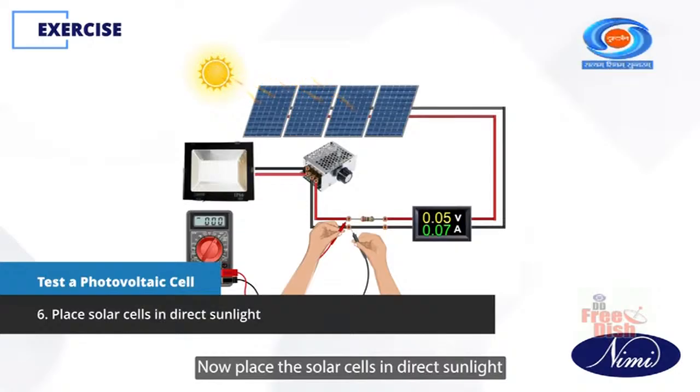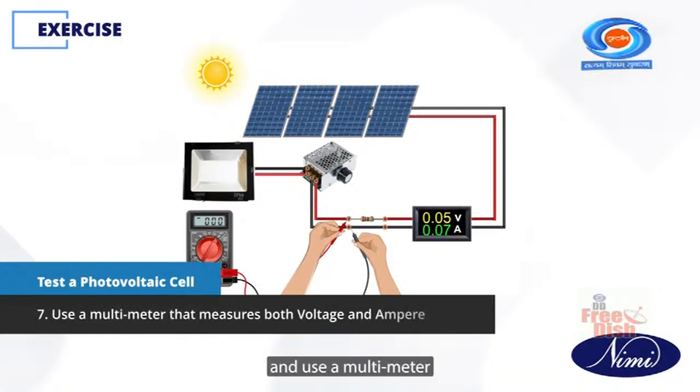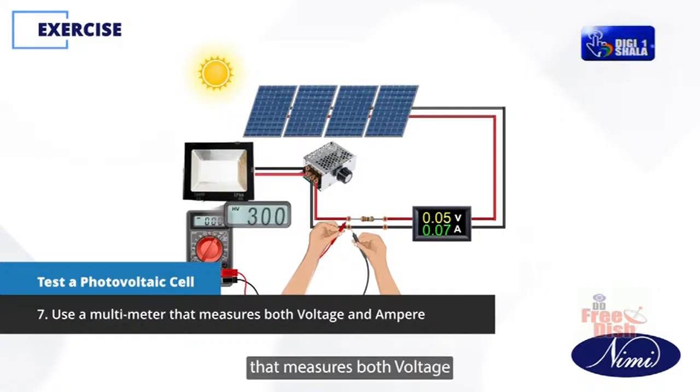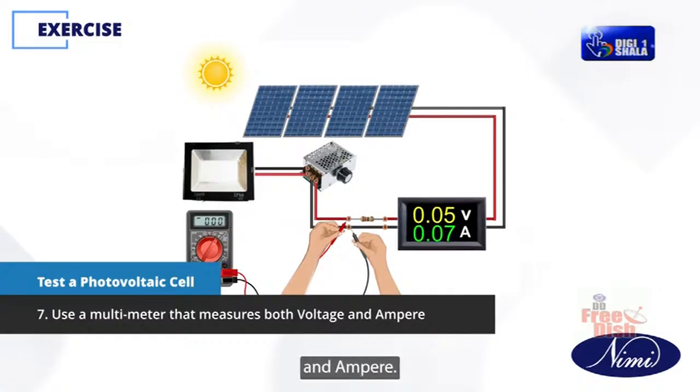Now, place the solar cells in direct sunlight and use a multimeter that measures both voltage and ampere.